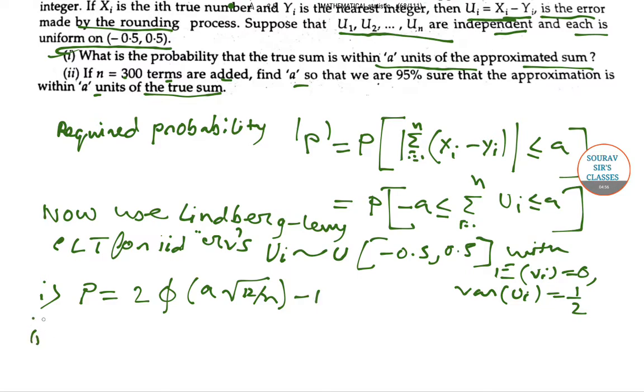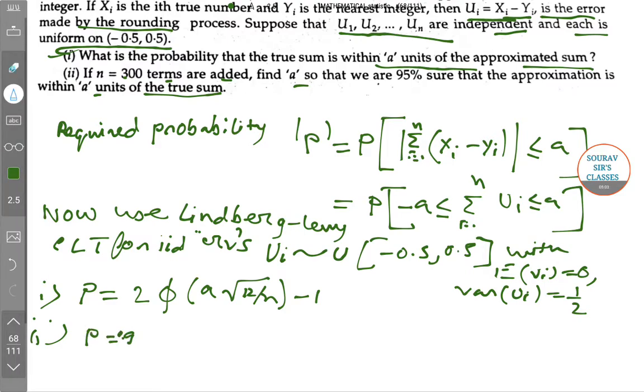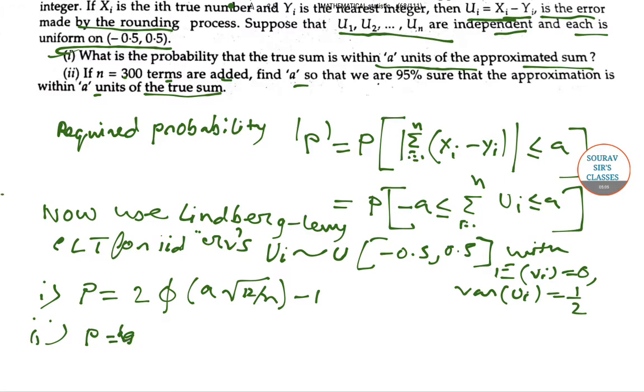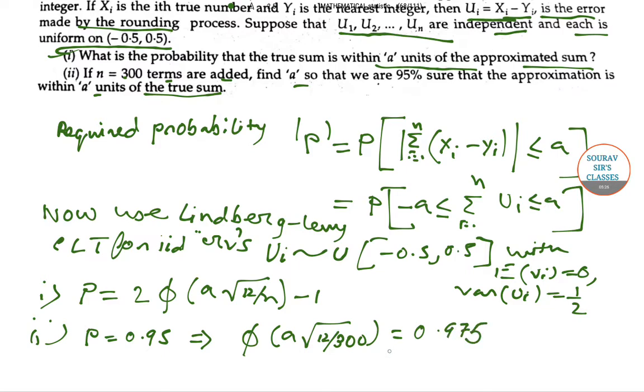And for question number 2, it will be P equals 0.95, so phi of a root 12 by 300 is equal to 0.975.